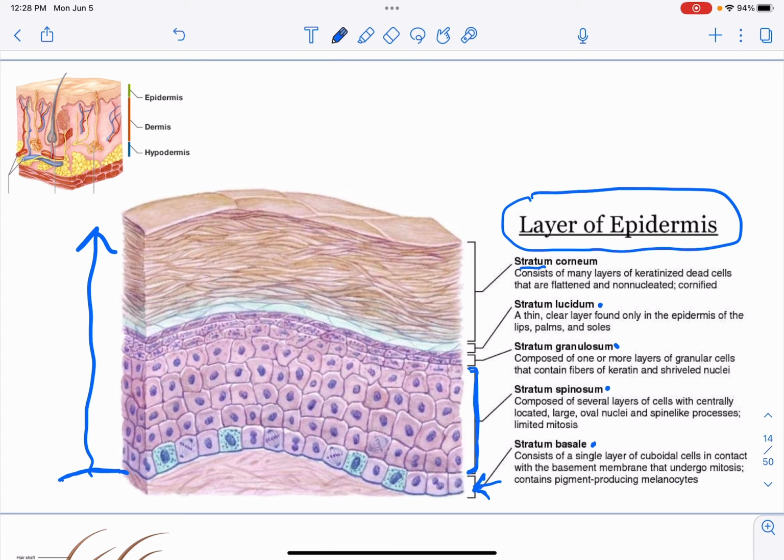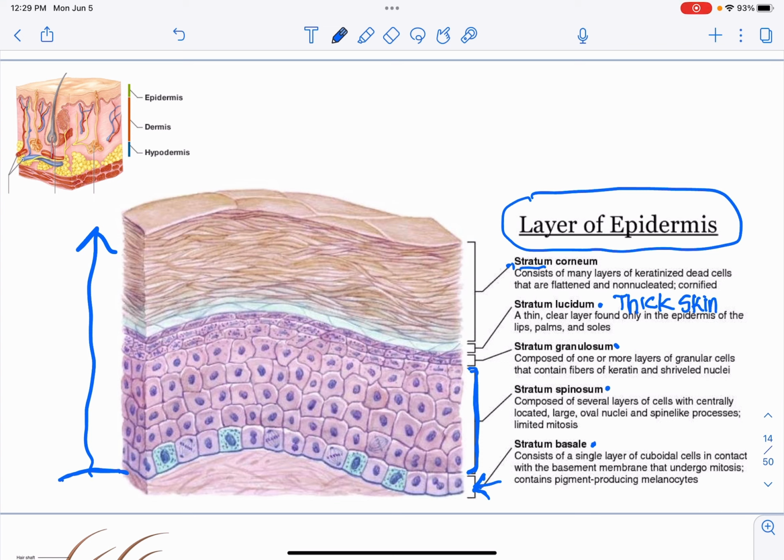This is called lucidum because it's lucid, it's clear, a very clear layer, and it's only found in one type of skin, which I'll explain soon, called thick skin. And then the topmost layer is the stratum corneum. That is the most superficial layer, and that is all dead cells. All right, that's the stratum corneum.